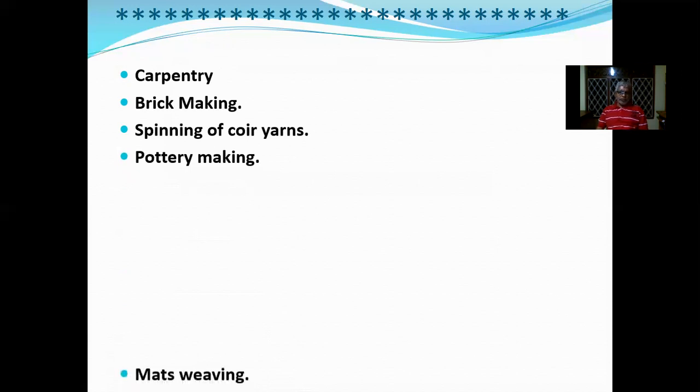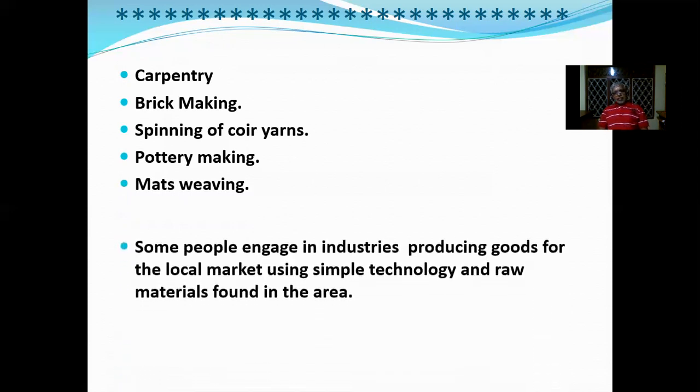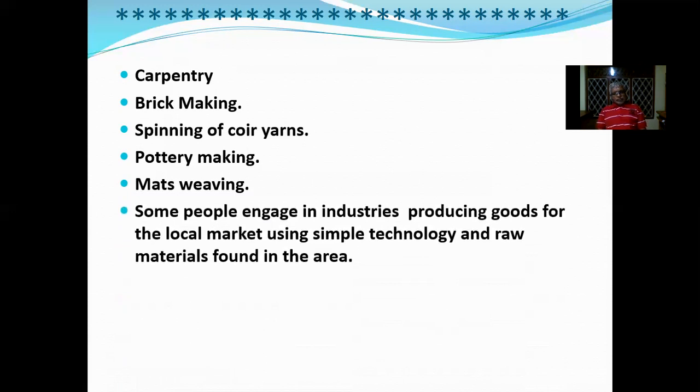Pottery making. Mats weaving. Especially Dumbara area is very famous for that one. Then another new idea is that some people engage. Engage means nirata velava. If you don't know, take it down.